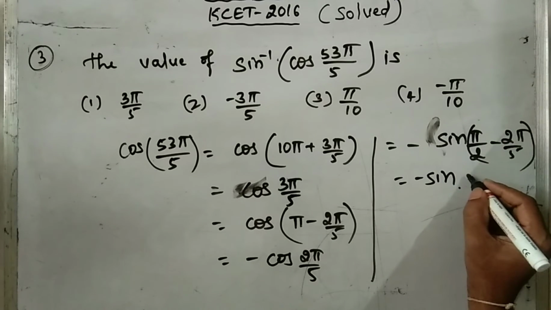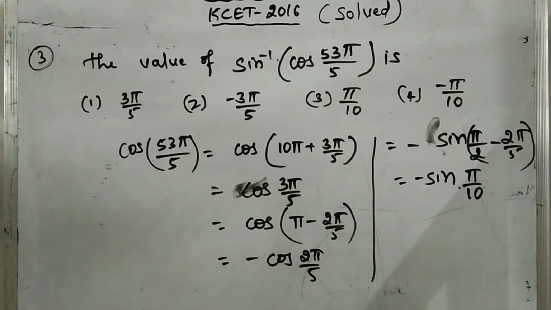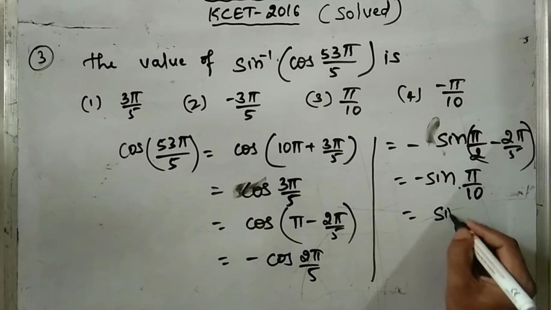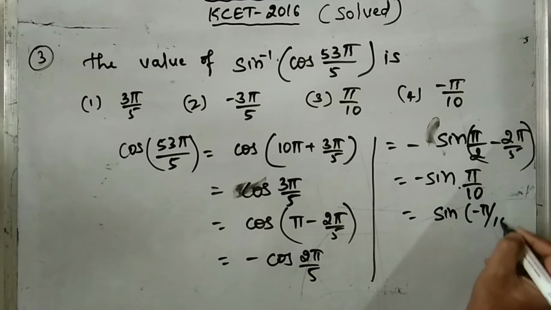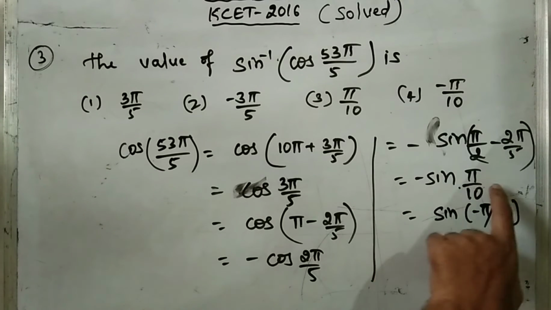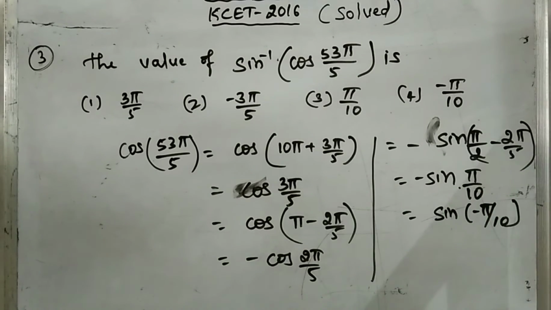If you take the LCM and simplify, you will get −sin π/10. Here this one I can write as sin(−π/10). Sine of minus θ is minus sine θ, you know that one. Now I will fill here.